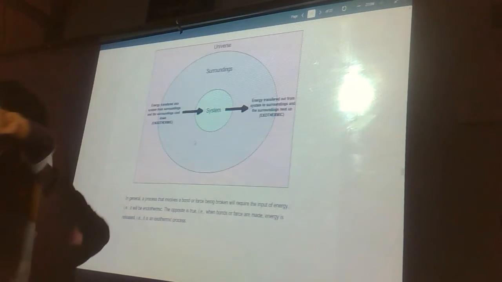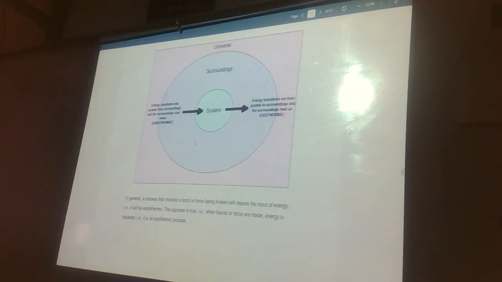And in our cases, the system is the tiny little reaction particles, the atoms and molecules that are colliding. The surroundings are usually the water they're in, because they're usually aqueous solutions. In some cases, like certain combustions, the surroundings could be the air around it, changing temperature. But most of the time we're measuring temperature of water, and that is our surroundings.